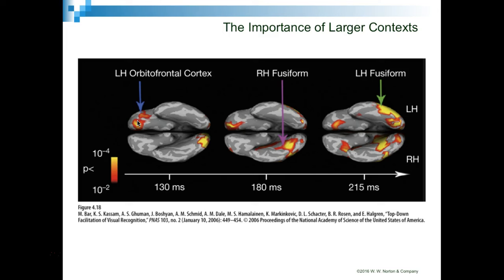So if I give you a visual perception task, it is a certainty that you will get activation in your occipital cortex into your temporal cortex. Because remember, visual perception begins in the occipital lobe, and the temporal lobe is where our what pathway is. So it's an absolute certainty that you're going to get early activation in the occipital lobe spreading into the temporal lobe. So why would you get activation in this condition earlier in the frontal lobe?